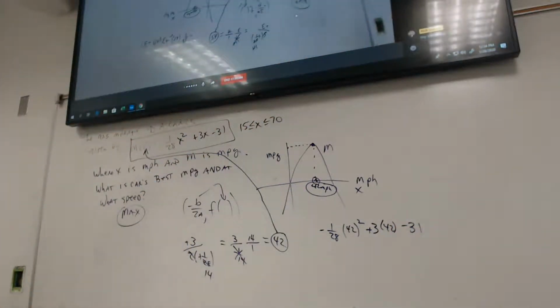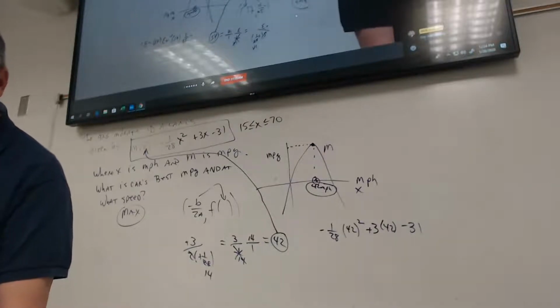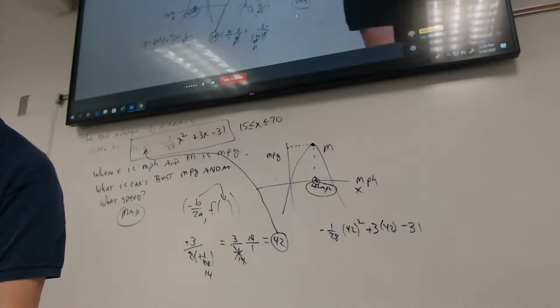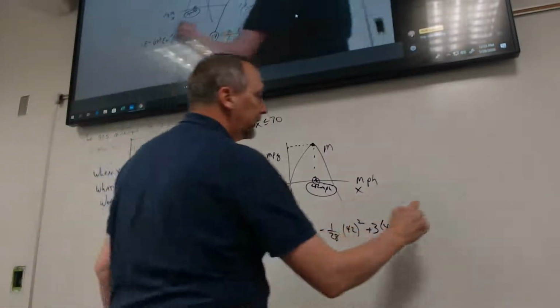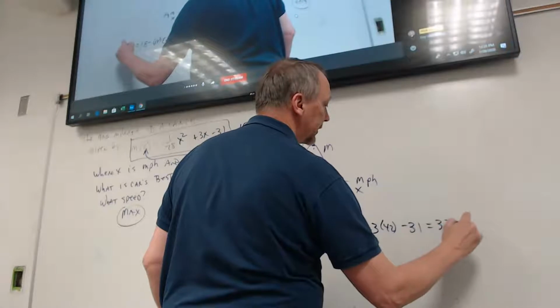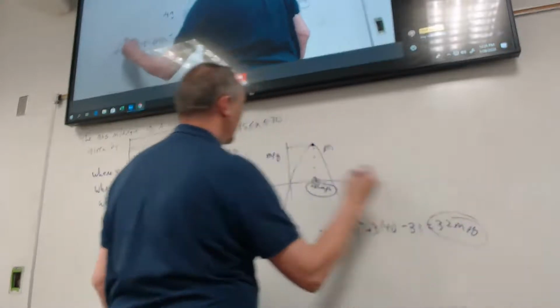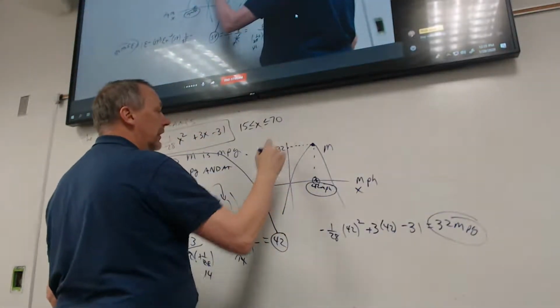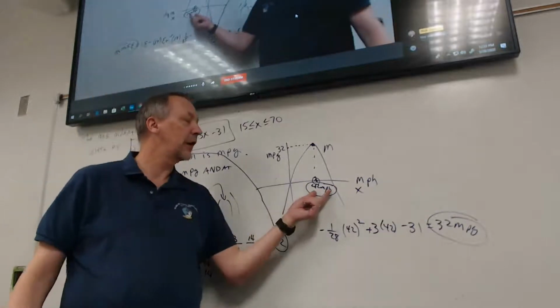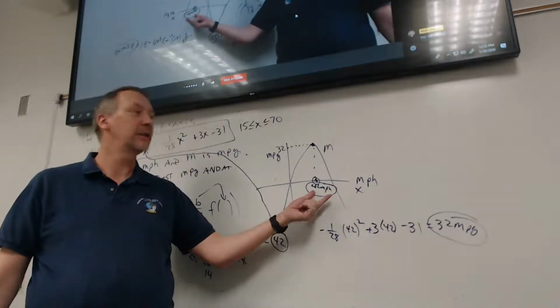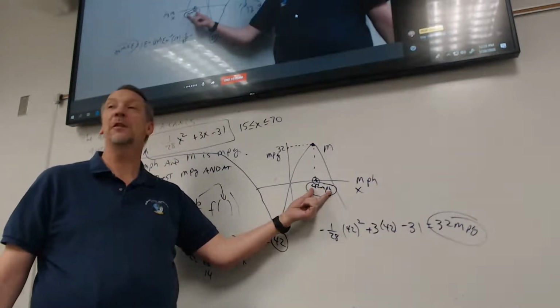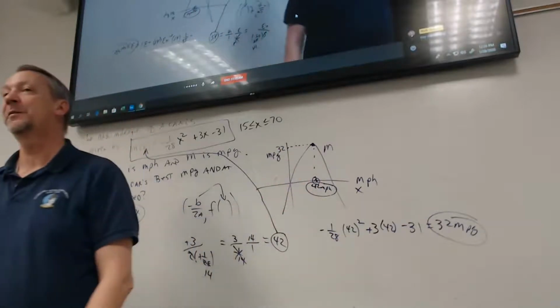So we can plug that in our calculator. And as everybody knows, that is 32 miles per gallon. Okay? So you can drive everywhere at 42 miles per hour, you get 32 miles per gallon.